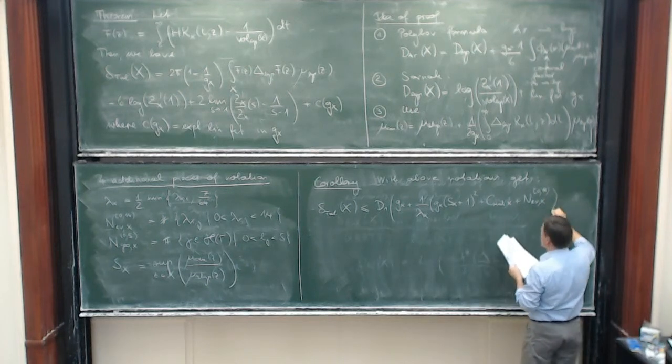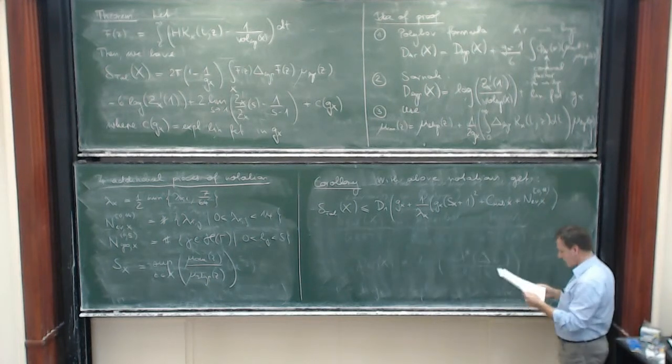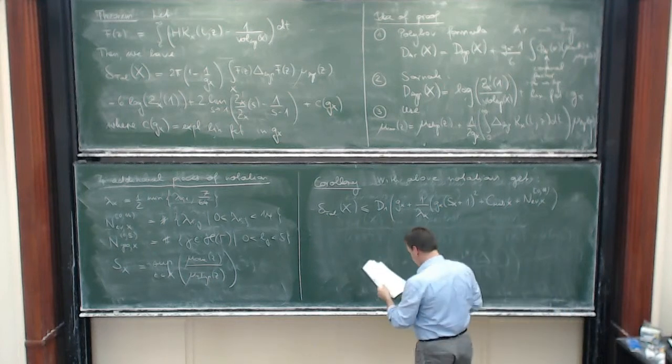And then the parenthesis is closed, so this 1 over lambda x takes care of these three quantities.